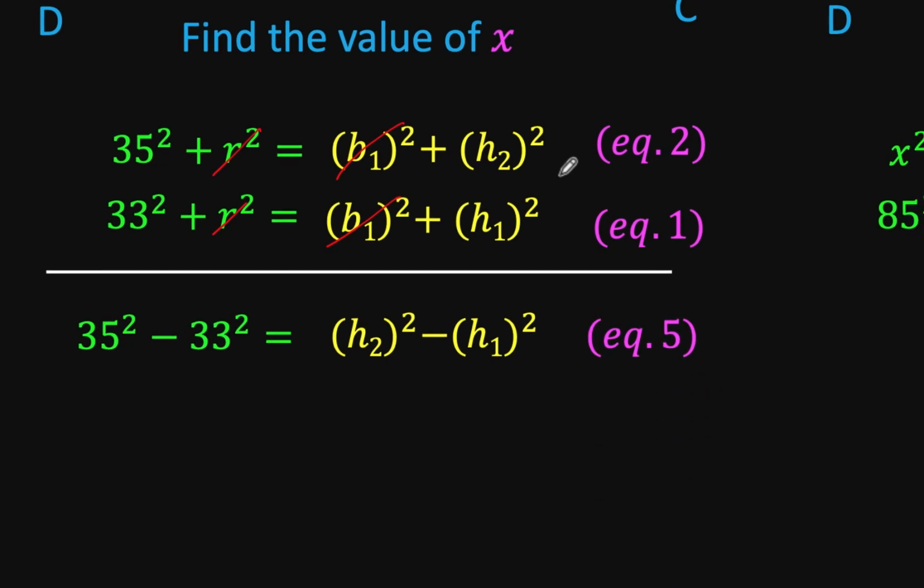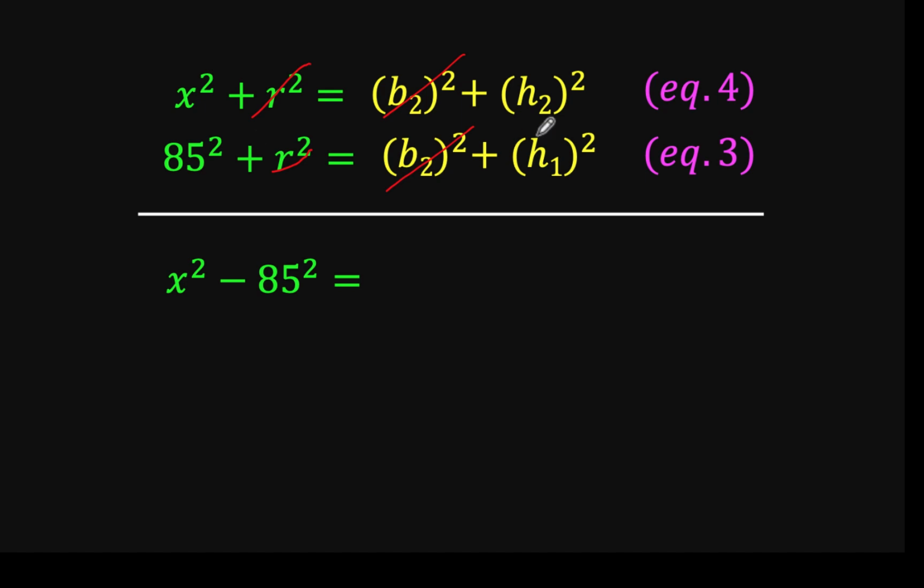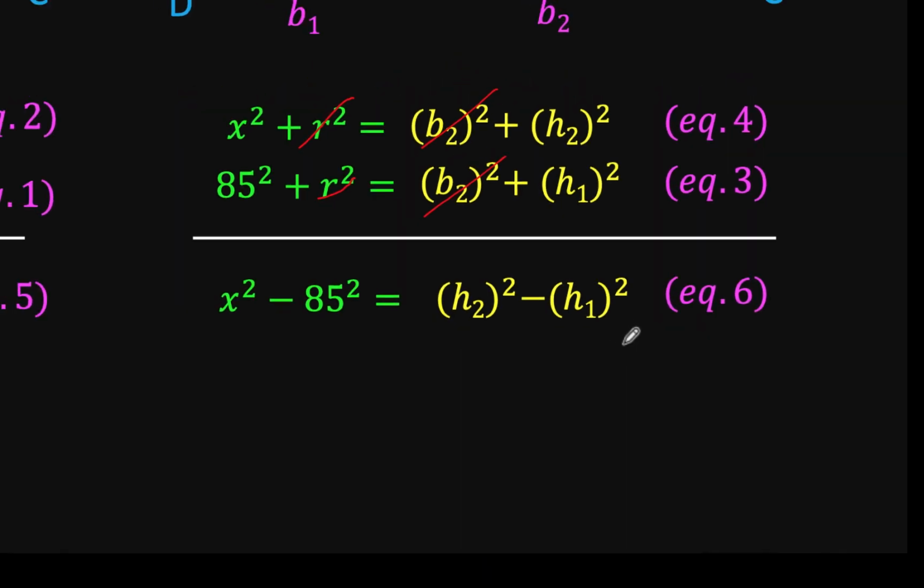Let's call this equation number 5. Then in here, subtracting equations 4 and 3, again, r squared minus r squared is 0. B sub 2 squared minus b sub 2 squared is 0. So the difference is x squared minus 85 squared at the left side. At the right side is h sub 2 squared minus h sub 1 squared. Let's call this equation number 6.